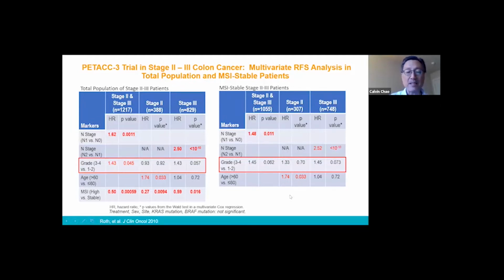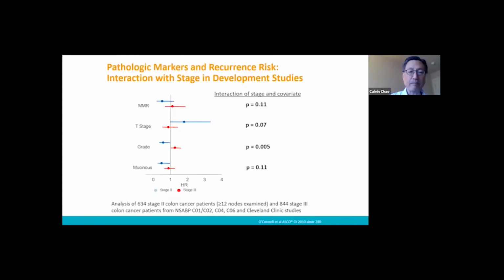And I think what this means is that we need to rethink the importance of tumor grade in driving the decision for treatment, because it is really a weak prognostic factor, if any at all. And maybe it's more relevant in stage 3 than in stage 2. So we really are dealing with perhaps different disease types when we talk about these different stages of patients.